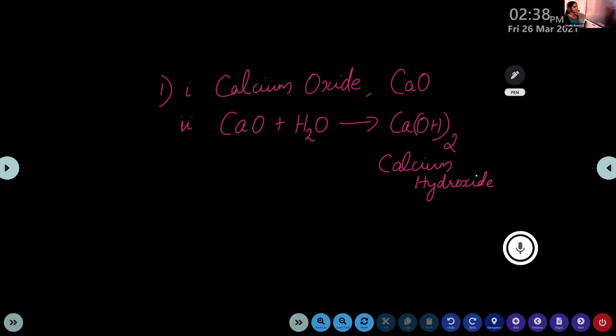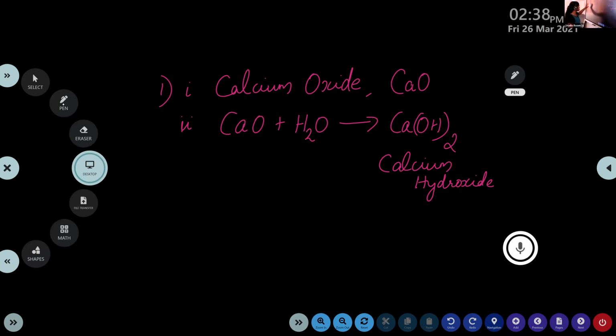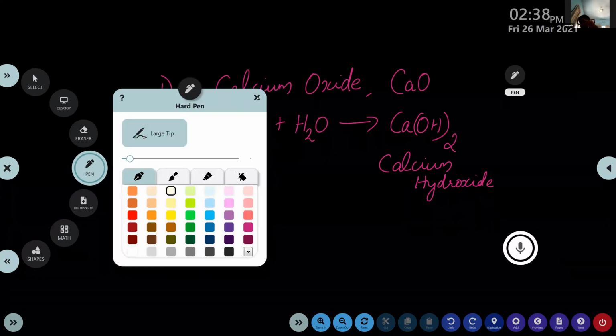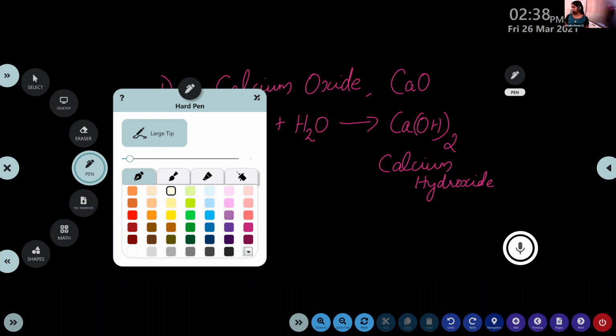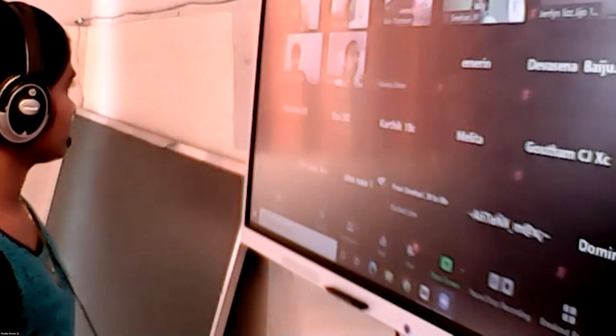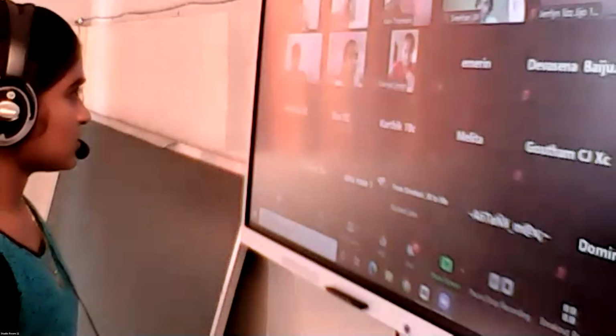What's the common name of this calcium hydroxide? Where is Emrine?